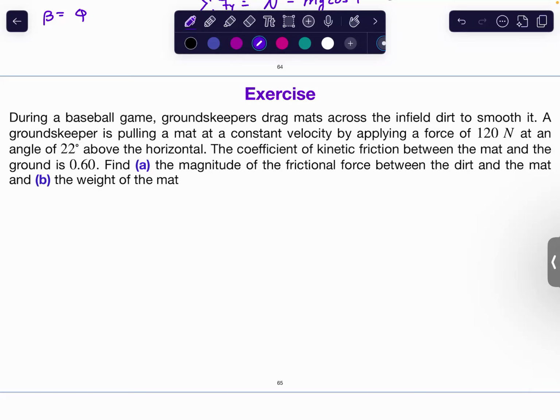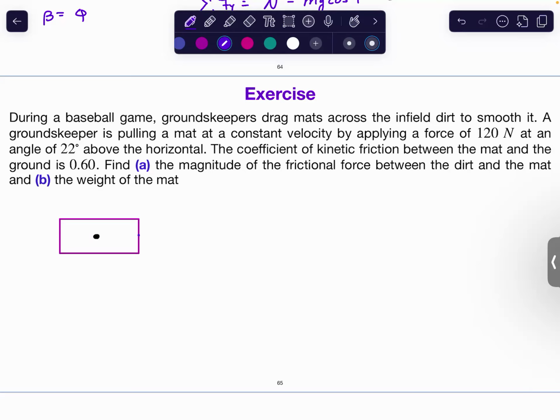Okay, let's start with a free body diagram. We have our center of gravity. We're going to have an applied force, and you can draw it from the center of gravity.